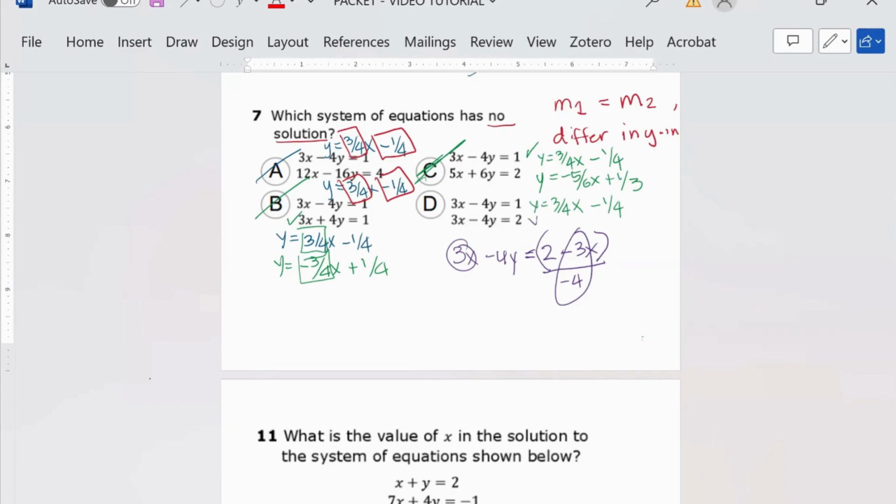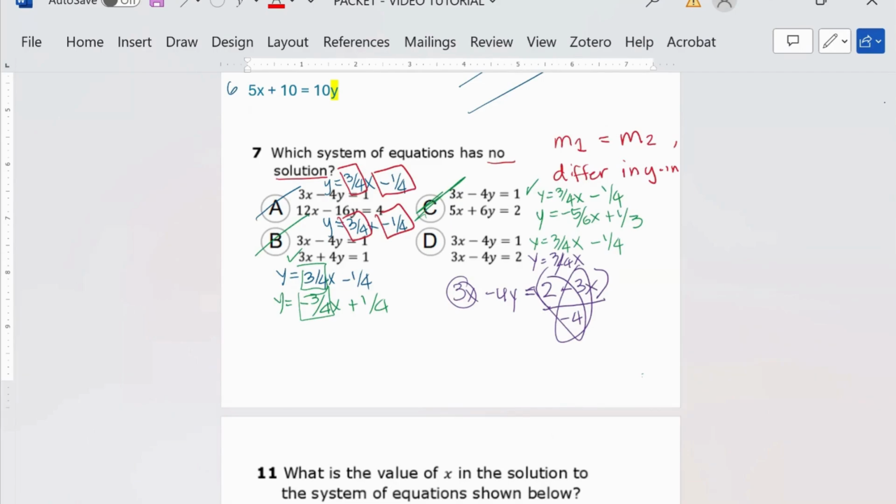So y equals 3/4 x, and then this is 2/4 or 1/2. So now we get the answer. Again, later on, I'm going to show you this using Desmos. They have the same slope, but different y-intercept. Look at that.